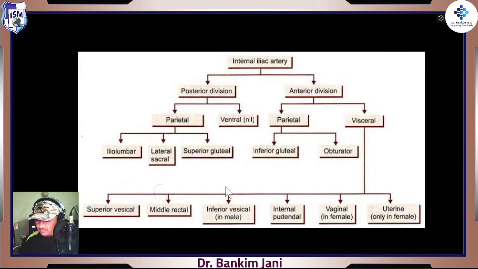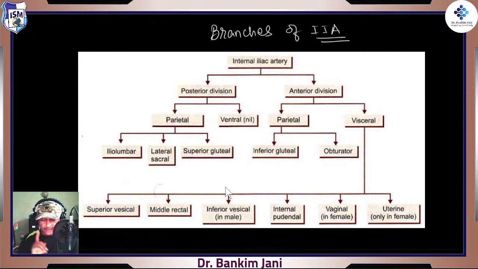We'll be discussing each and every artery, right? So that it is crystal clear how we are going to see the picture. So branches of the internal iliac artery. Internal iliac divides into anterior division and posterior division, right? So that makes sense. The one which is going anteriorly is anterior, the second one posterior.